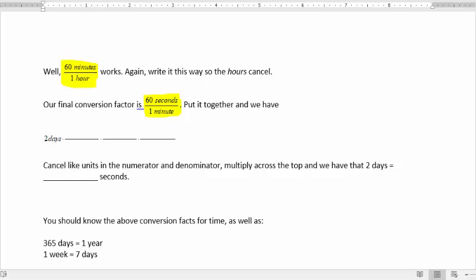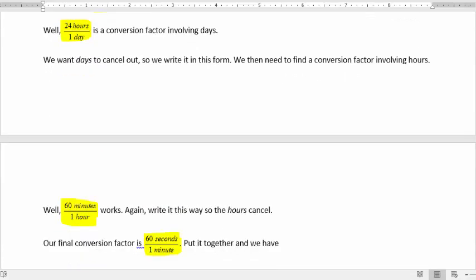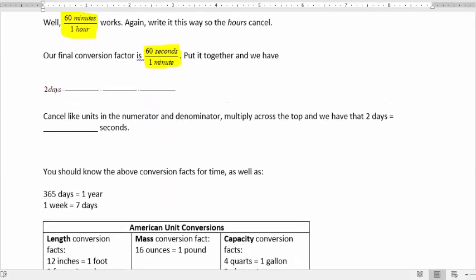Okay, so I had 2 days, then my first conversion factor was 24 hours over 1 day. So I'd multiply this thing by 24 hours over 1 day. And at this point, days would cancel. Okay, so now my answer would be in hours.